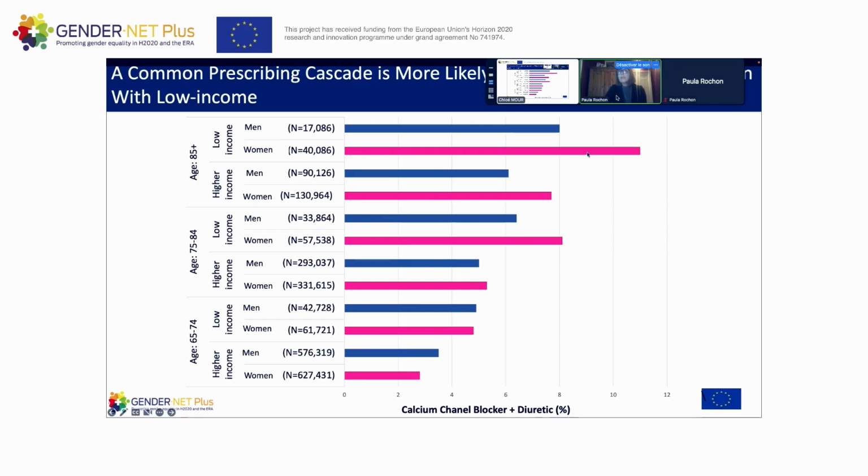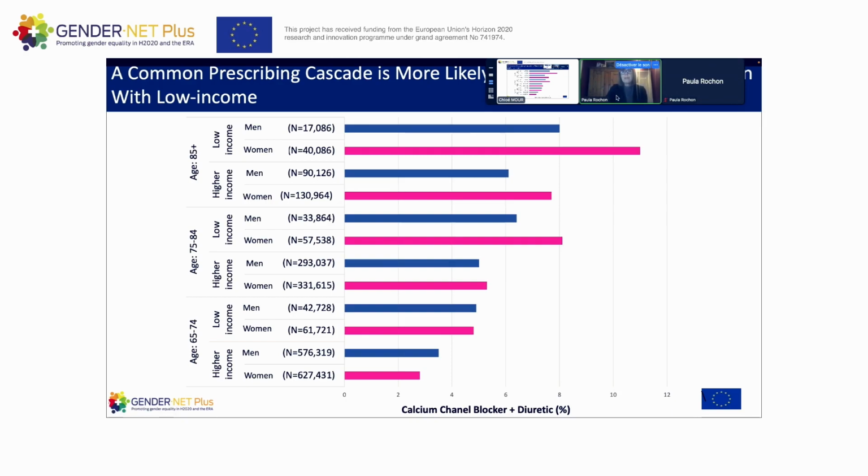And you can also see that it's more frequent in women than in men. Now, this is just a crude measure of a prescribing cascade that we're using for these data, but I think it's important to point this out. And you'll also see again, the bottom for each of these age categories is higher income, above is lower income, and in each case, it's worse in the lower income setting.